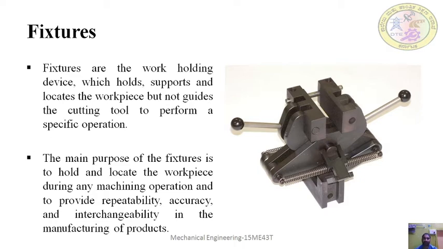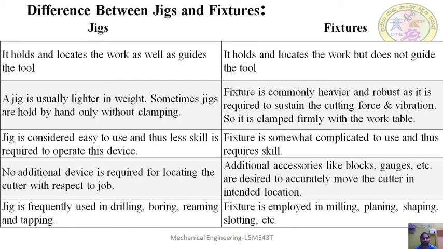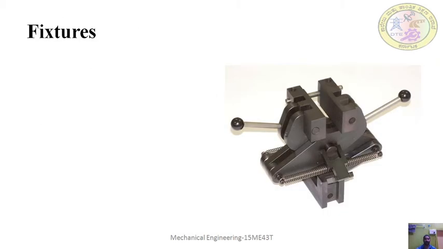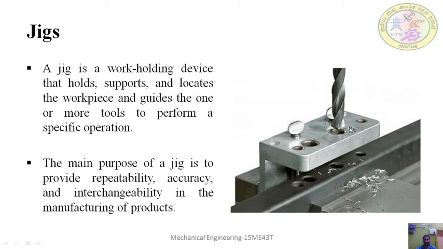in the manufacturing operation. So next, the important differences between jigs and fixtures. As we have discussed, the jig holds and locates the workpiece as well as guides the tool to do the specific operation. You can see in the figure, it has a hole.